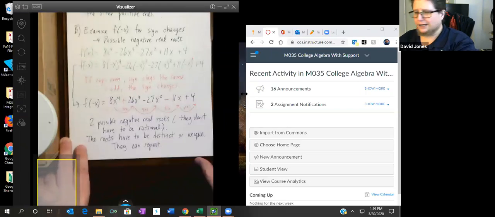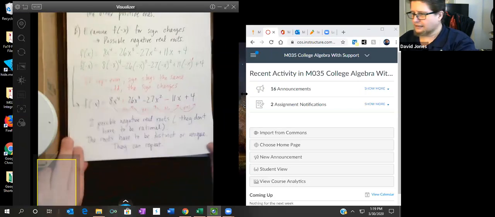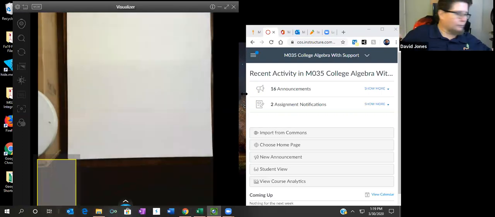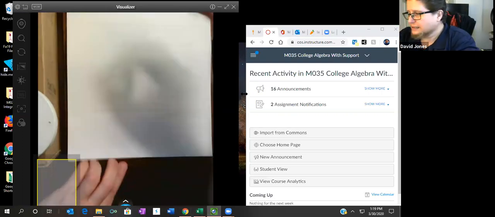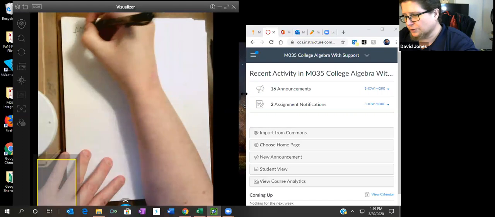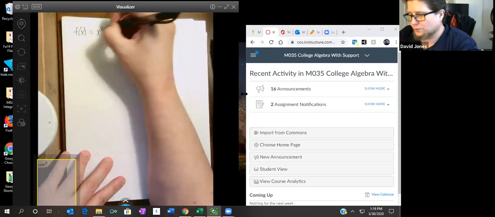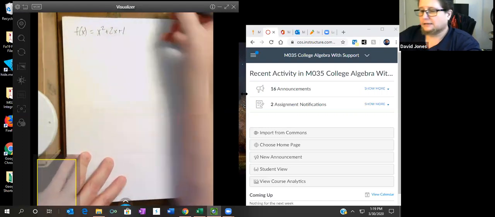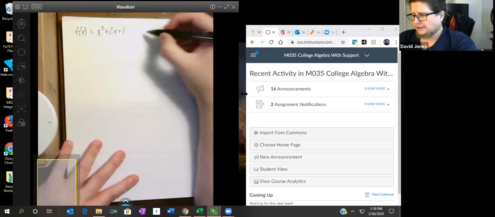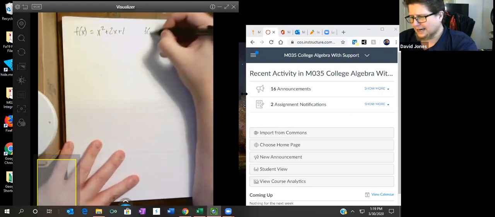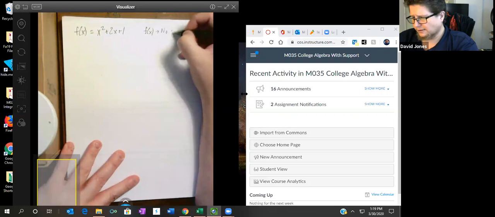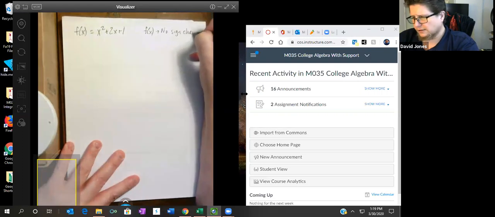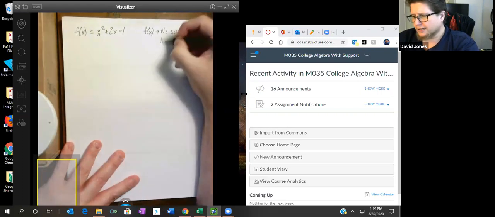Ready for an example? We'll make it a short one. Let's just look at f of x equals x squared plus 2x plus 1. So f of x has no sign changes, so no positive real roots.